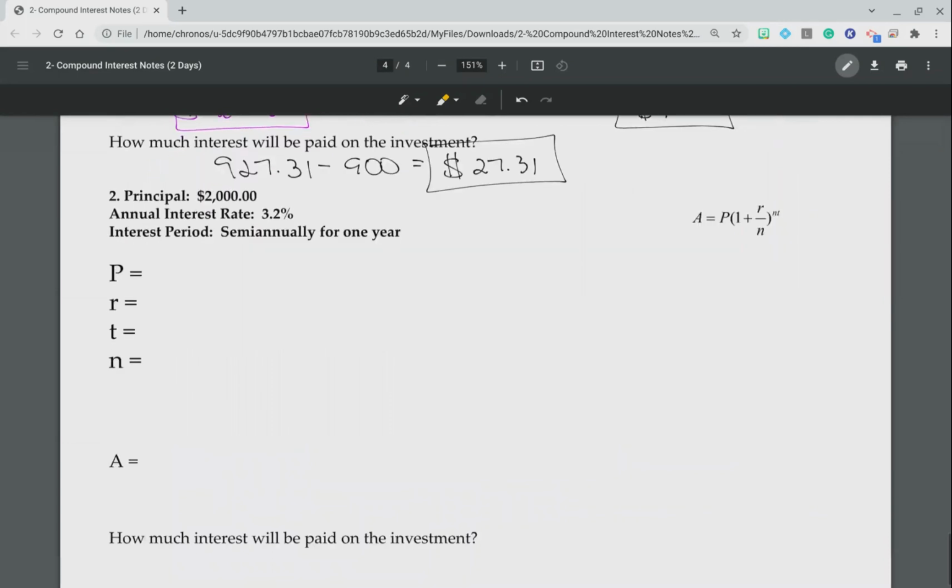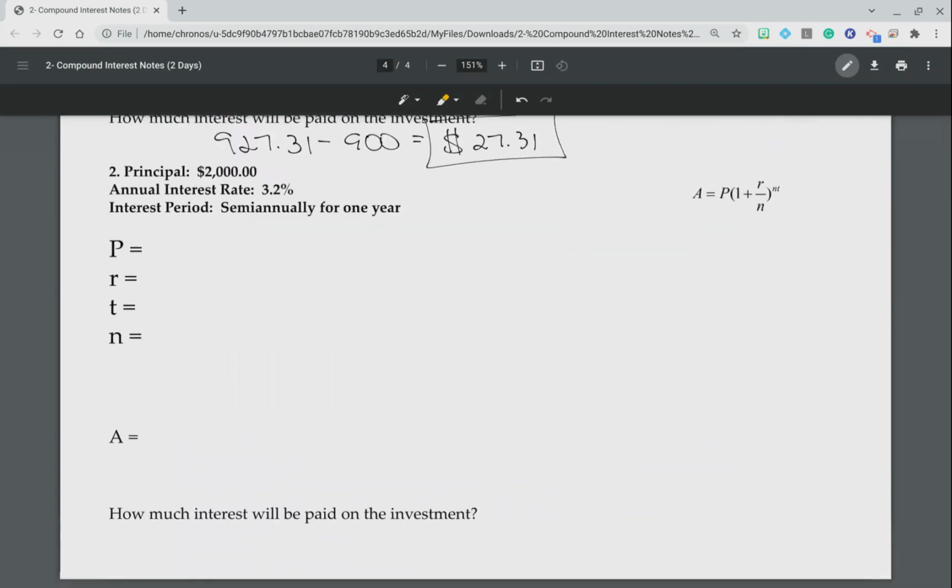All right, let's look at another one. For this one, our principal is $2,000. Our interest rate is 3.2%, which we need to then change to a decimal, 0.032. Our time again is 1 year.